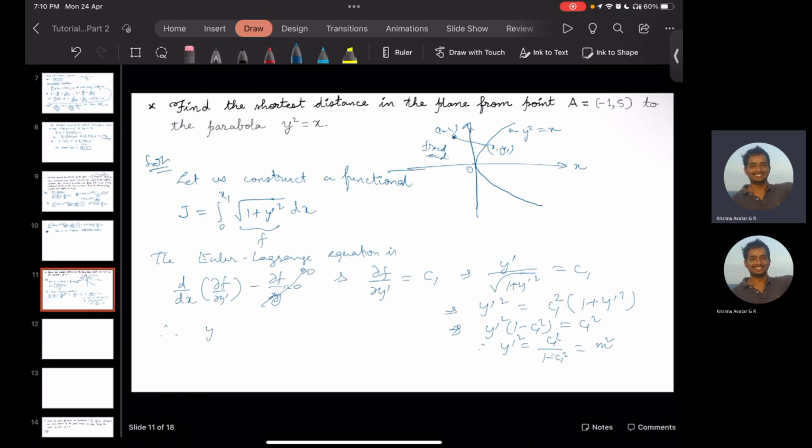So we'll just call it y prime is equal to m. Upon integrating once more, we have y equals mx plus c, where m and c are constants.